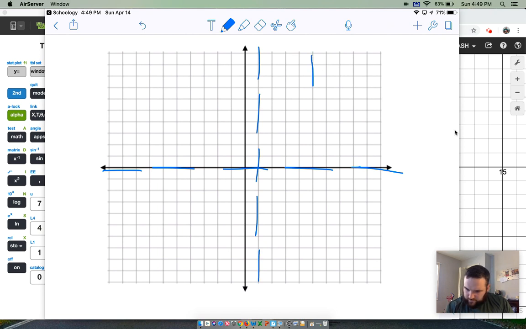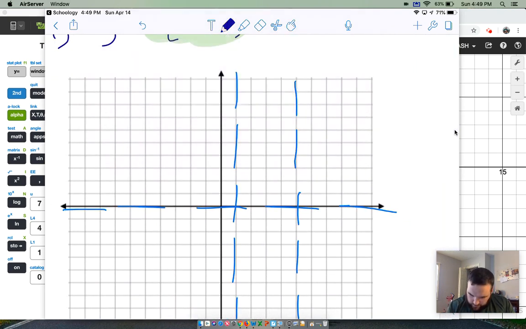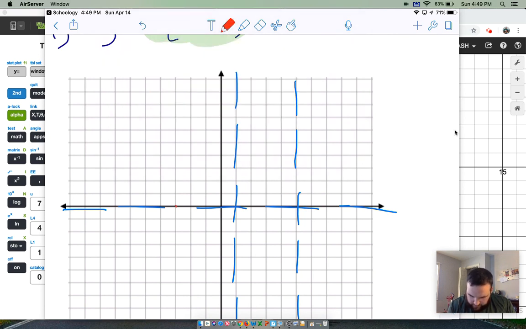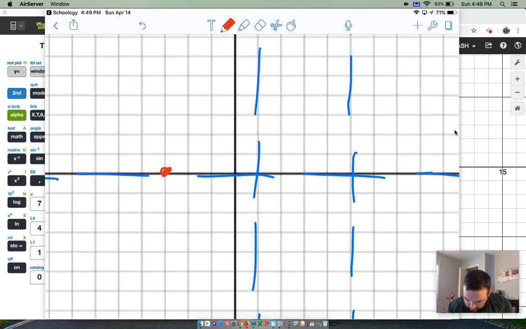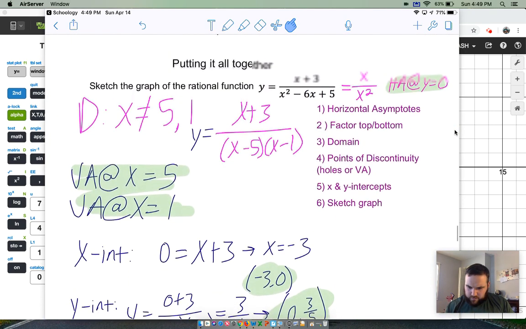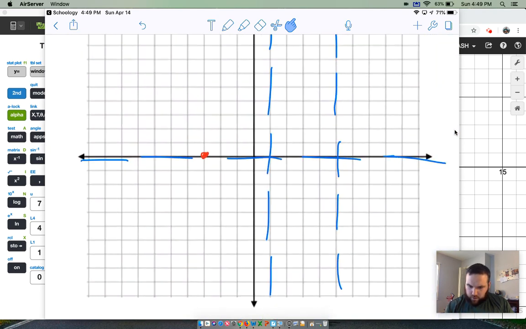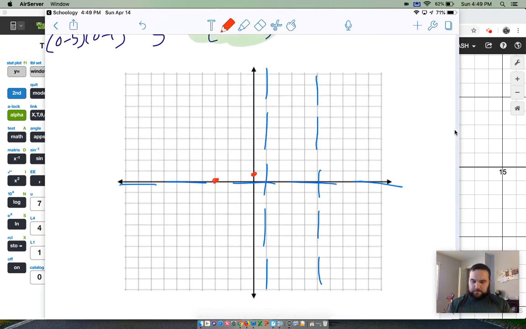And then finally I have -3, 0, and let's do red. Negative 3 comma 0 and 0 comma 3/5. Oh boy, that's weird. Messed something up. Oh, it's the y-intercept, so 0 comma 3/5. Right about there. Okay.